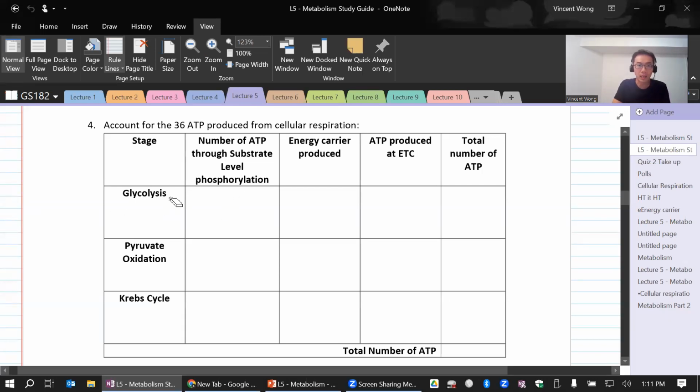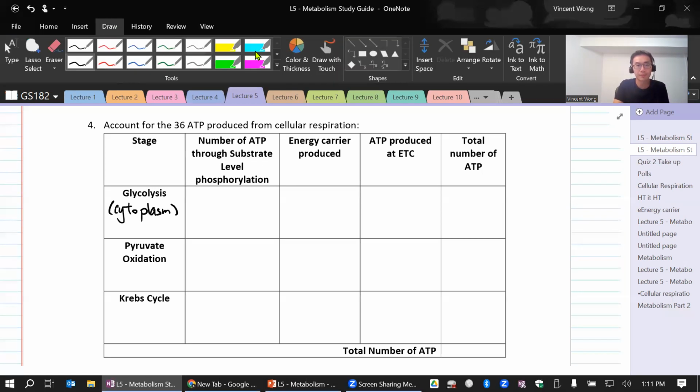So stage one, glycolysis. Glycolysis happens in the cytoplasm, right? You should know that by now. How many ATPs are produced in glycolysis through substrate level phosphorylation? Does anybody remember?